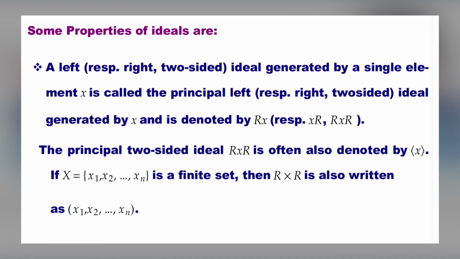The principal two-sided ideal RxR is often also denoted by the ideal generated by x. If X = {x1, x2, ..., xn} is a finite set, then RXR is also written as the ideal generated by x1, x2, ..., xn.